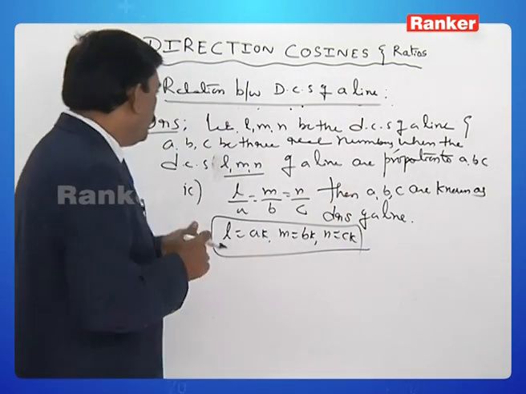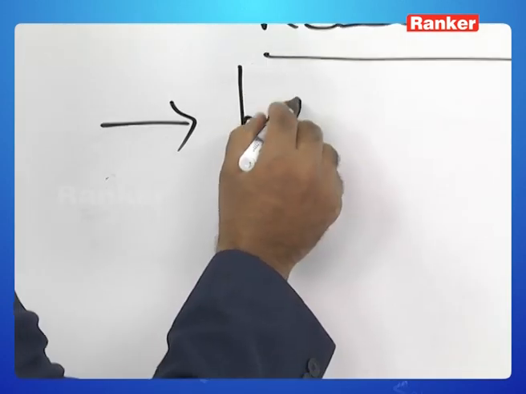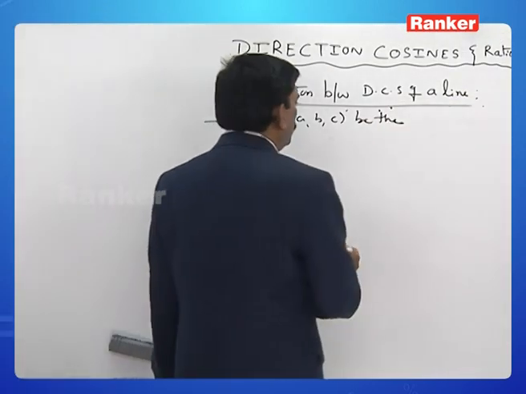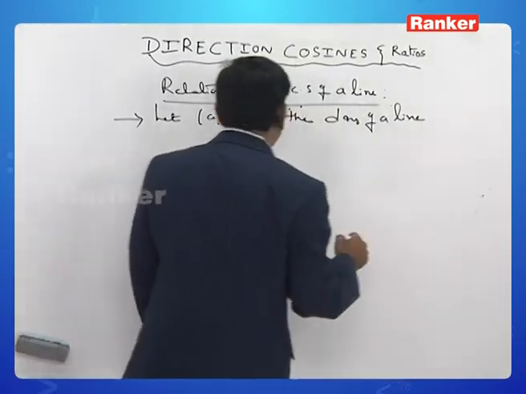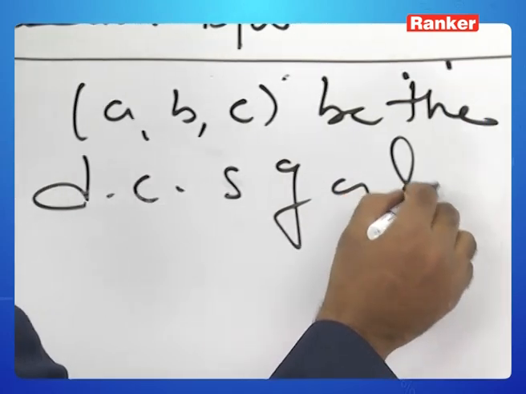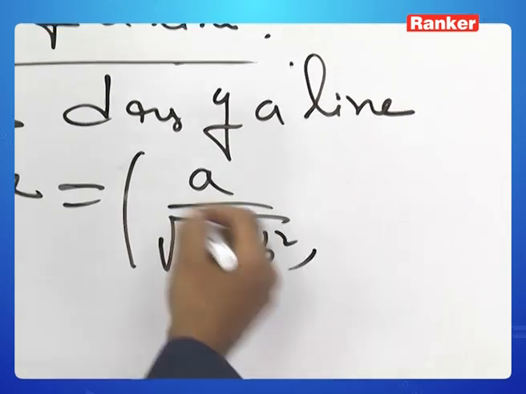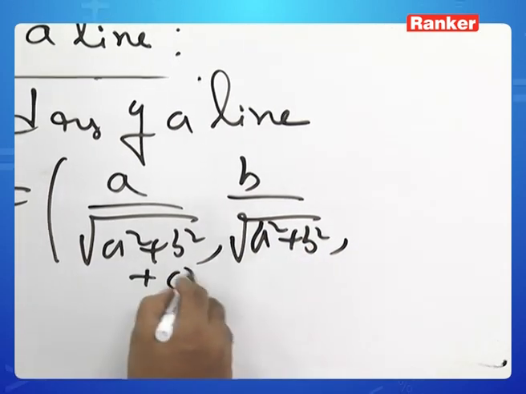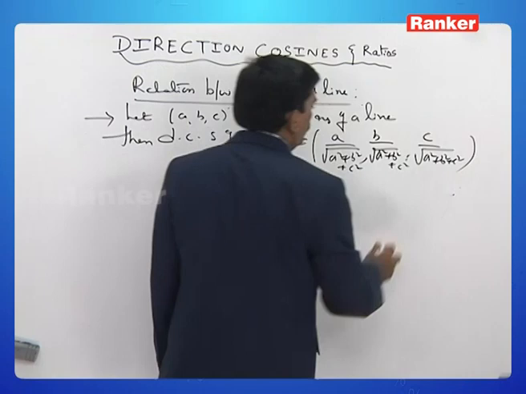We shall see. Let A, B, C be the DRs of a line, then the DCs of the line are A by square root of A square plus B square plus C square, B by square root of A square plus B square plus C square, C by square root of A square plus B square plus C square, with plus or minus.